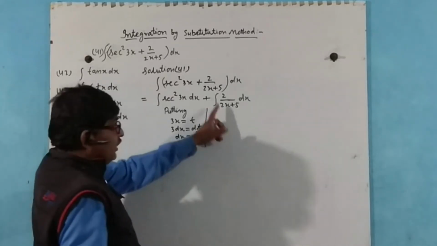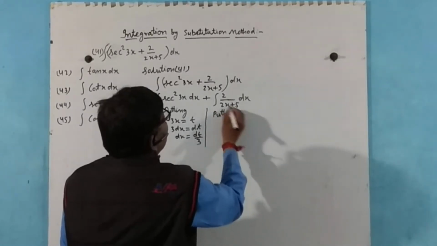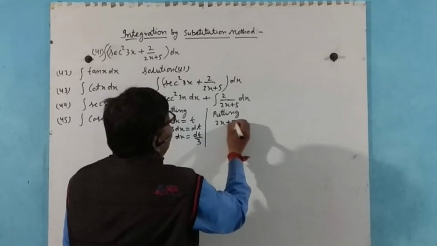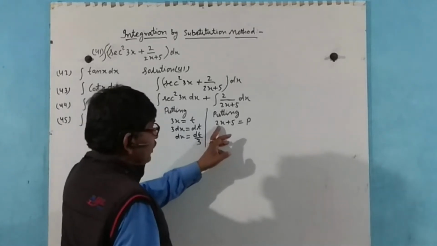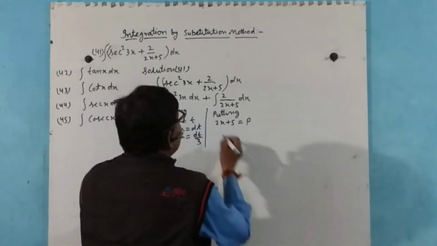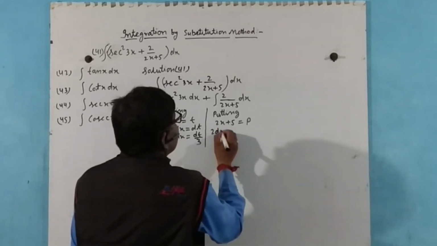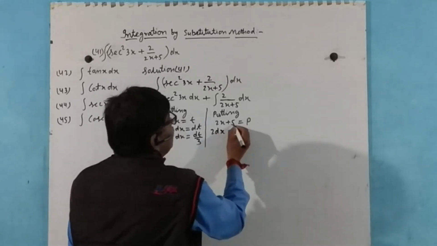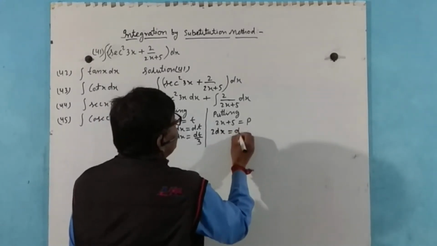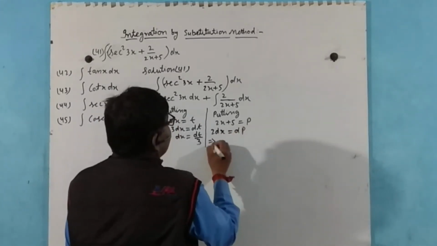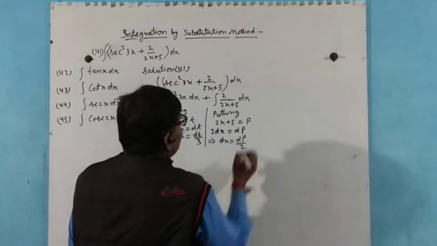And in this case, putting 2x plus 5 equal to p. Now differentiating it, 2 dx equal to differentiation of this, which is 0, so that 2 dx equal to dp. It means that in this case dx equal to dp by 2.